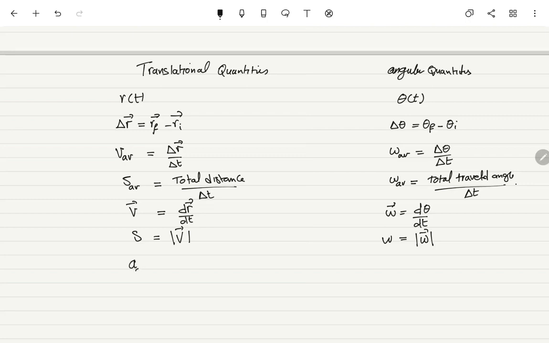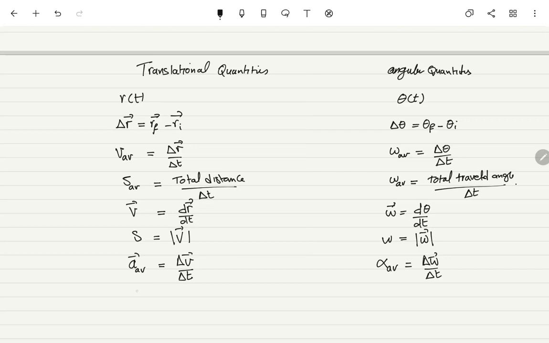Average acceleration is defined as delta v by delta t. Now acceleration in rotational motion, or in angular quantities, is defined as alpha average, which is equal to delta omega by delta t.